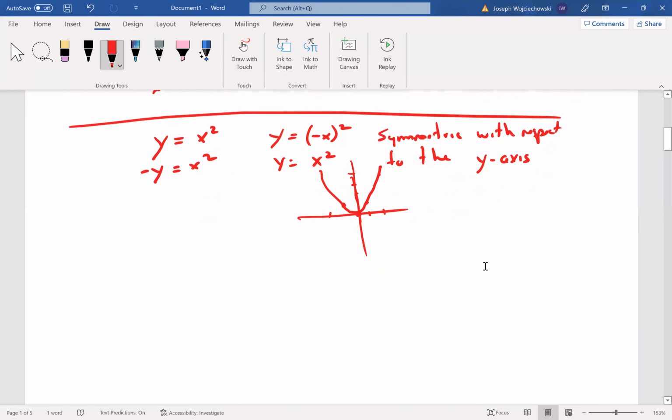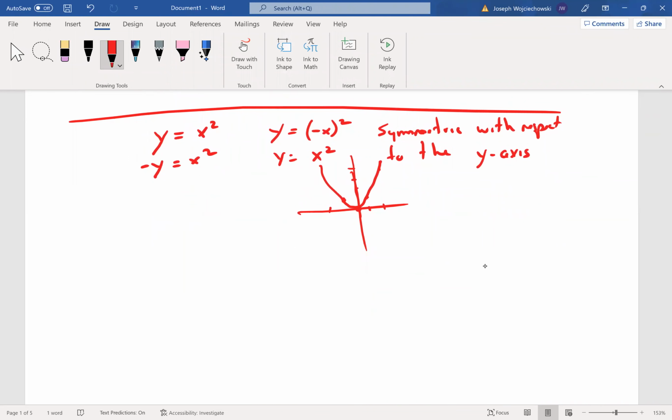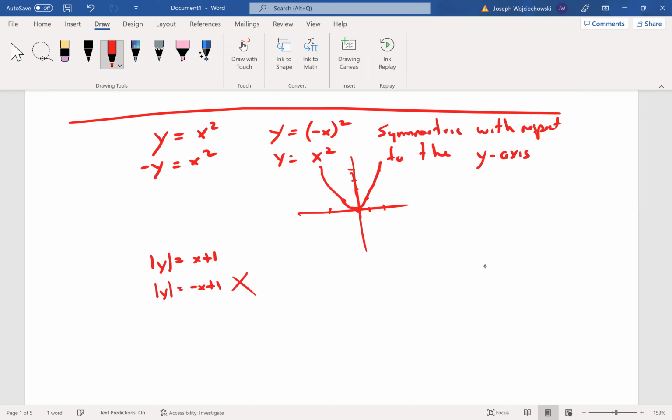Okay, let's look at another one here. What about absolute value of y equals x plus 1? So what happens if we replace x with negative x? Absolute value of y equals negative x plus 1. Not the same thing. What if we replace y with negative y? Absolute value of negative y equals x plus 1.